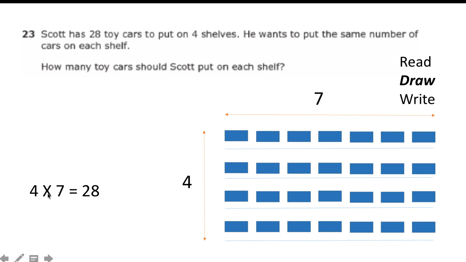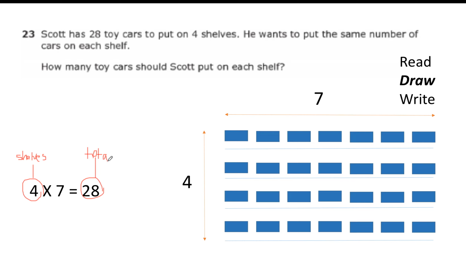So we know he has 4 shelves. This is representing the number of shelves. We know that this number, excuse me for that handwriting, is representing the total amount of toy cars.